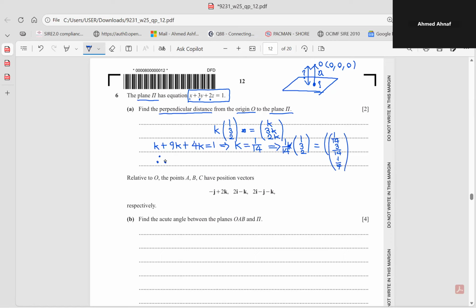So for the perpendicular distance, just take the modulus of this whole vector.